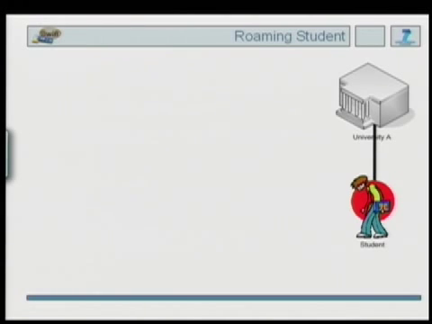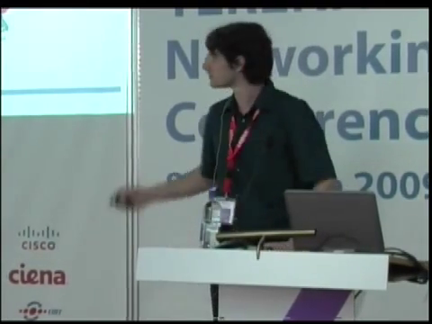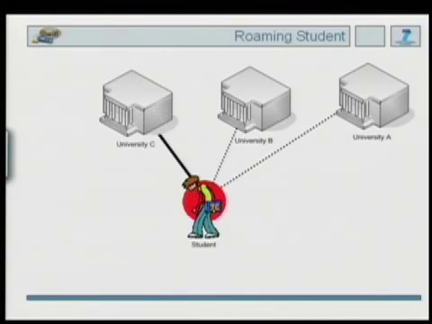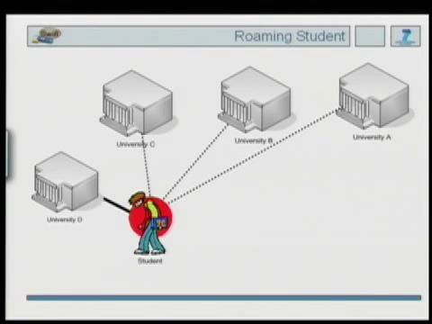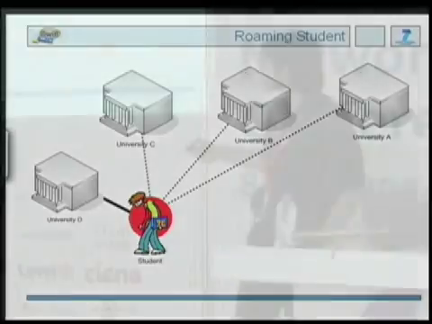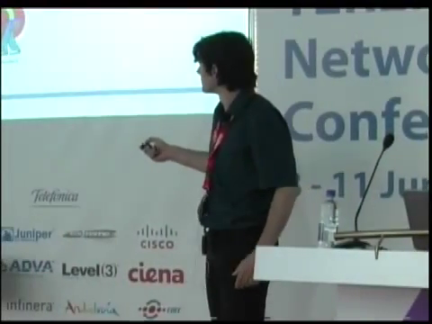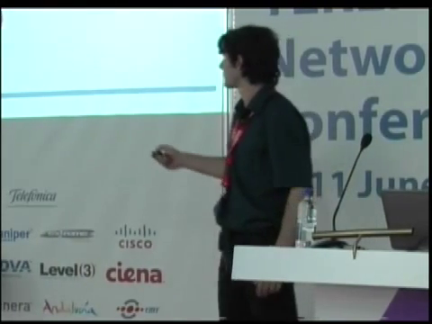So the example I was already talking about is the student who studies at a university. In the good old days the student studied at the university and after some years he finished there, but now with the Bologna process, the student may move to another university, to University C, and finally he ends up at University D. And the student may want access to some e-learning platform or other restricted resources at the university.